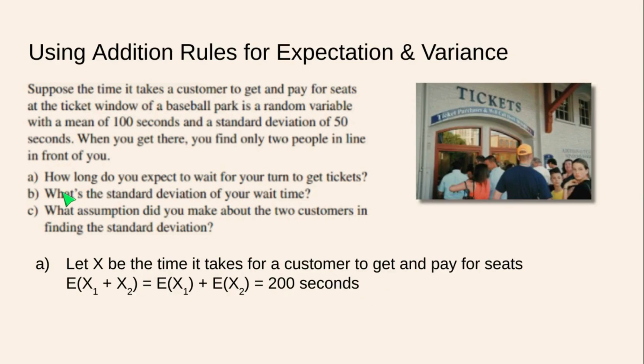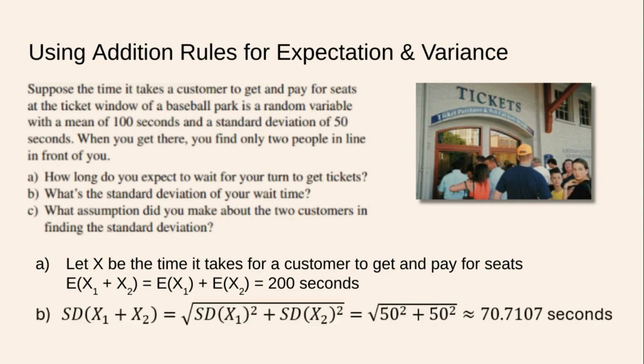Second question, what is the standard deviation of your wait time? All right, now we need to do the standard deviation for a sum of two random variables, which is very different than 2 times the standard deviation. The standard deviation for a sum of random variables is the square root of the sum of the variances, or squared standard deviations.